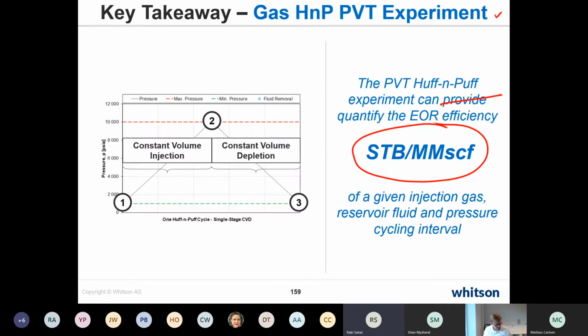Exactly. So this number will be an upper limit, because what it essentially is, is a PVT cell, an instantaneous diffusion process. It's perfect mixing in the PVT cell, like a flash calculation with a PVT package. So this is an upper limit for sure.